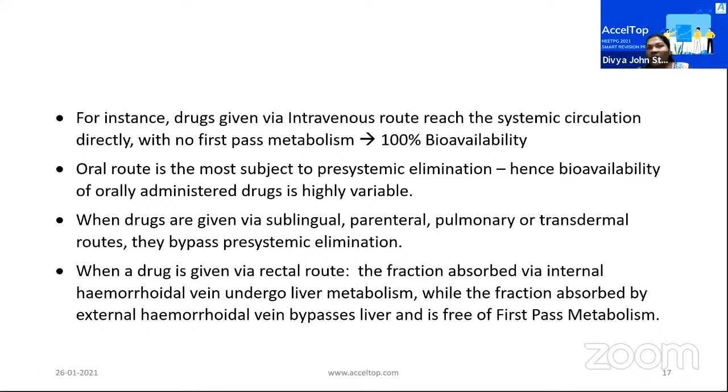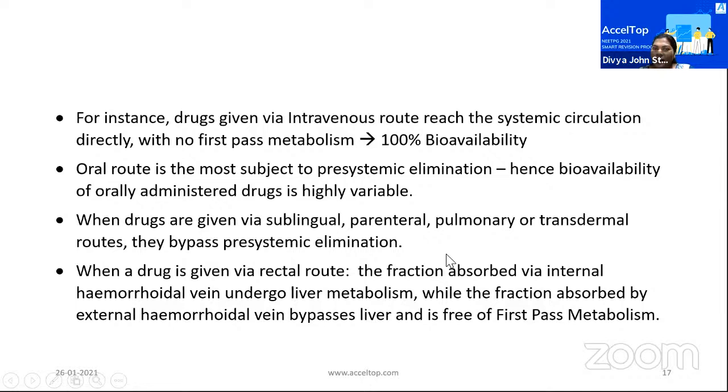So we'll check one option after the other. Drugs given via intravenous route reach the systemic circulation directly, with no first pass metabolism, so they will have 100% bioavailability, provided they are active drugs. Oral route is the most subject to pre-systemic elimination, hence the bioavailability of orally administered drugs is highly variable. When drugs are given via sublingual, parenteral, pulmonary, or transdermal routes, they bypass pre-systemic elimination.